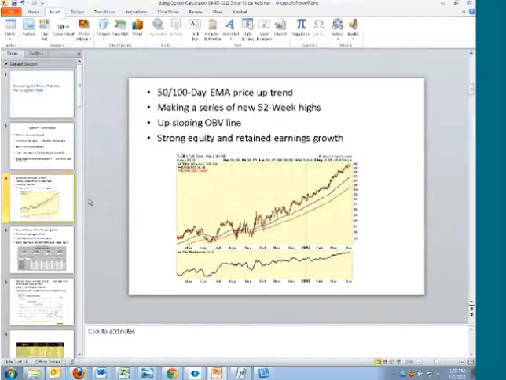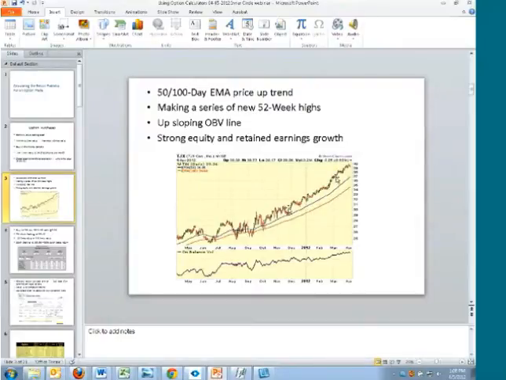So we can see from this price chart for TJX that obviously it's in a price uptrend. The 50-day EMA, which is the blue line here, is above the 100-day EMA, so obvious price uptrend, and it's on a buy signal for the 50 and 100-day EMA system.